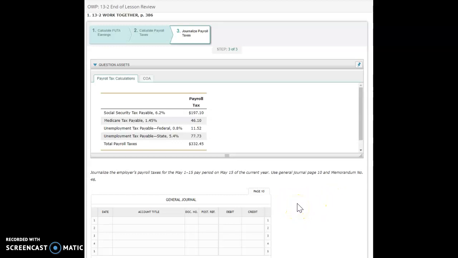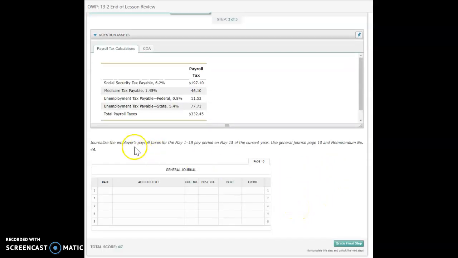So we're going to journalize the employer's payroll taxes from May 1st through 15th pay period on May 15th of the current year. Use General Journal page 10 and memo number 46. So notice I'm on line 1, so I do need to include the month, which is May, and it's on May 15th that it's being paid. So if I need to look at chart of accounts, I can look up here, but remember our debit is our payroll taxes expense.